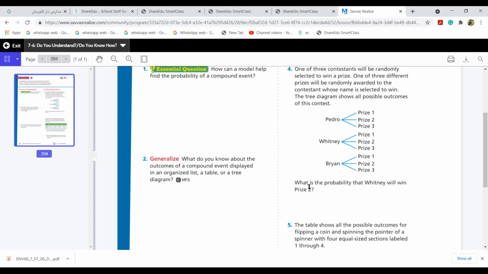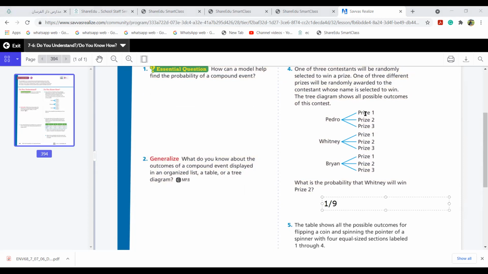Now the question is asked, what is the probability that Whitney wins prize 2? Prize 2 and Whitney. How many times did Whitney get prize 2? Only one time. So your answer is 1 out of 9.